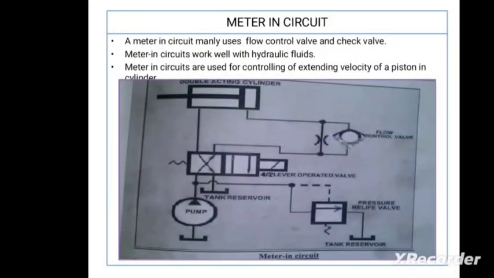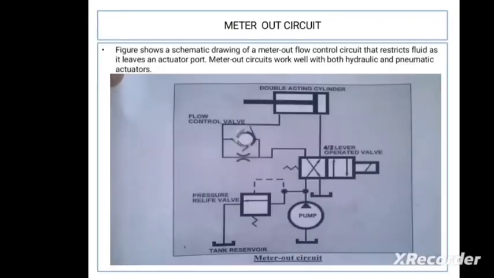Here in the metering in circuit, the flow control valve is placed at the inlet of the cylinder, whereas in the metering out circuit, the flow control valve is placed at the outlet of the double acting cylinder, where the hydraulic and pneumatic operations are performed. That is the major difference between the metering in and metering out circuits.